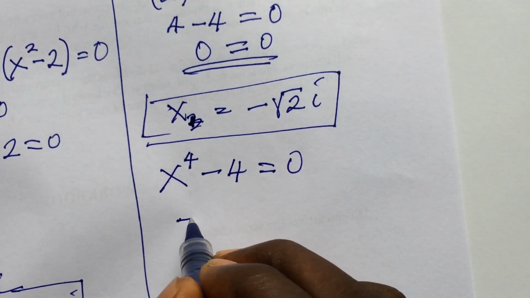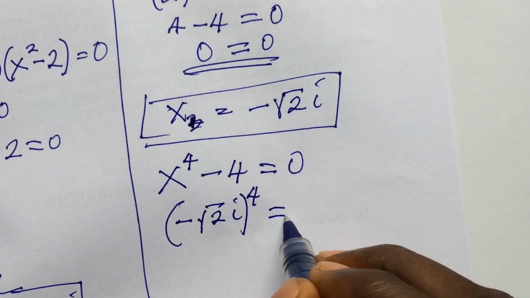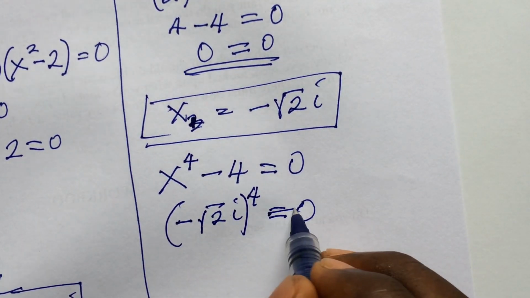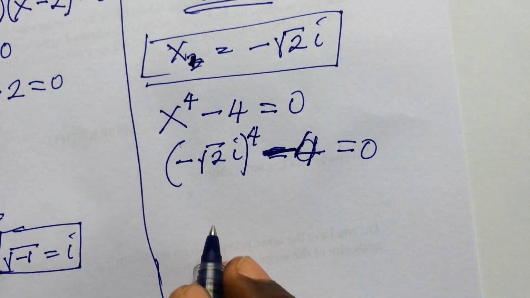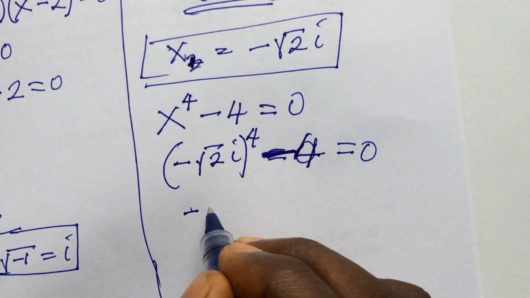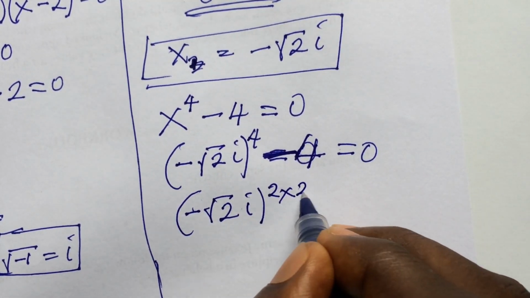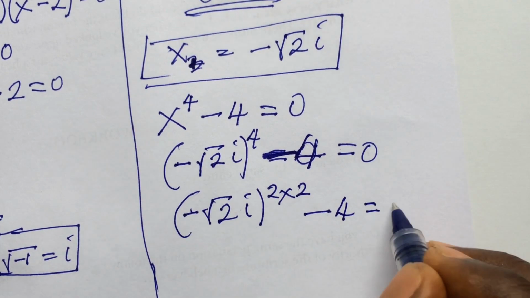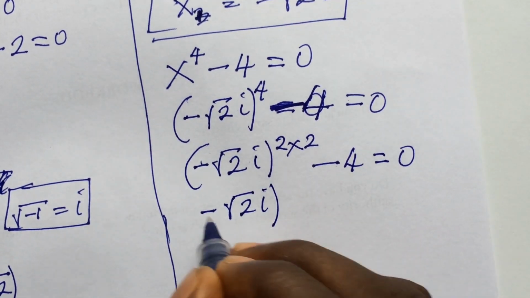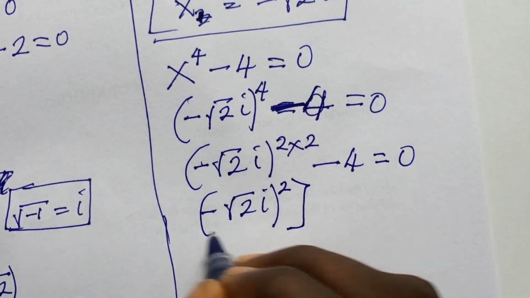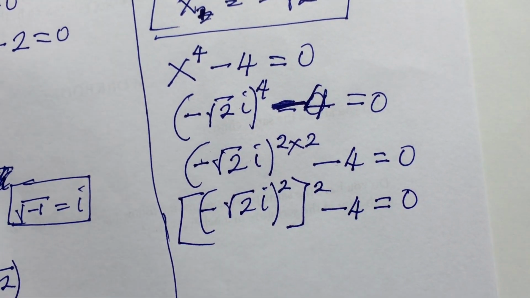So we have minus root 2i all to the power of 4, sorry, minus 4 equal to 0. Again, we can rewrite the exponent as 2 multiplied by 2, then minus 4 equal to 0. So this gives us minus root 2i, bracket, to the power of 2, all squared, minus 4 equal to 0. Good.